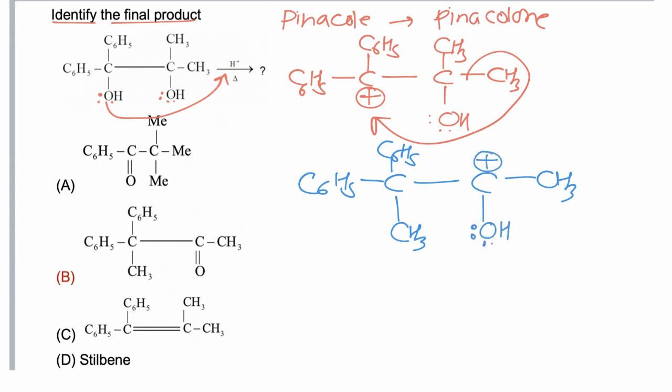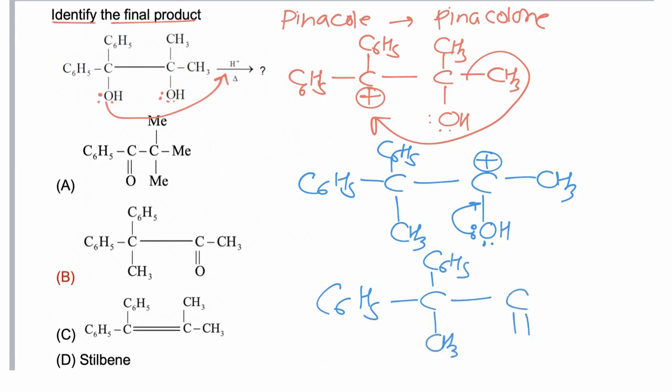Now oxygen will donate its lone pair, and finally C6H5, C6H5, CH3, and C double bond O, CH3 is formed as the final product, and hence the correct answer is B.